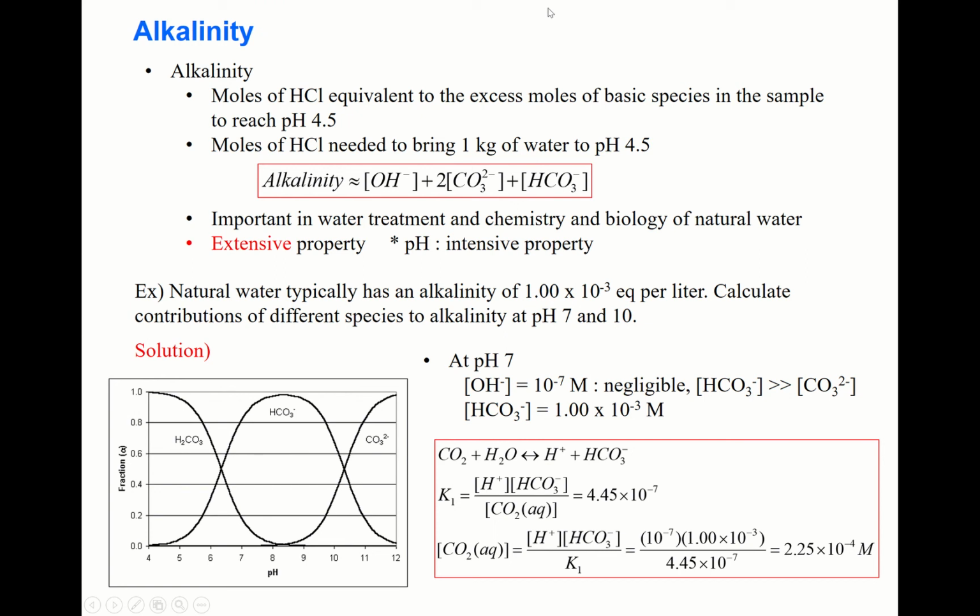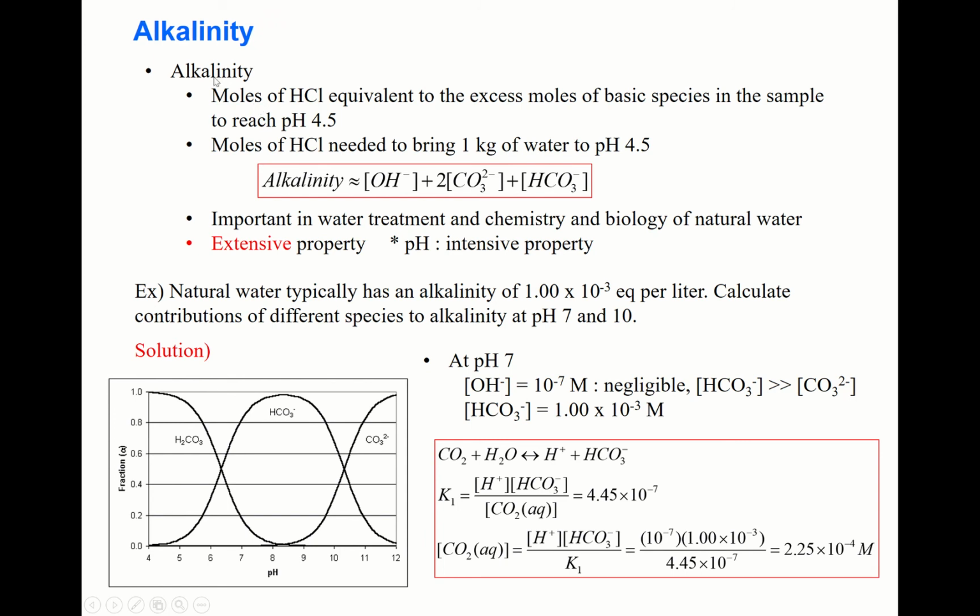But here alkalinity is an extensive property. Why? Alkalinity depends on the amount of the sample. So if you take more sample, then alkalinity increases in proportion to the quantity.